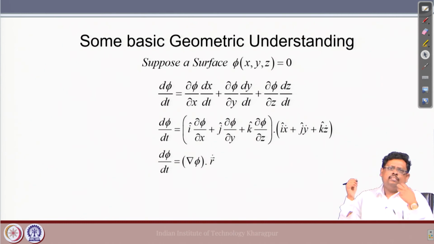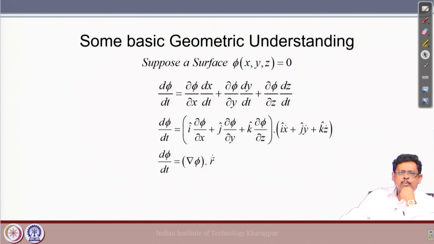So, now r dot is the velocity. What it means is velocity along the tangential direction, right. Now, if you look at the first line, when I say that phi(x, y, z) equals 0, you can write phi(x, y, z, t) equals 0. I mean, phi can be a function of t also, and if it is so, then d phi/dt is definitely going to be 0.